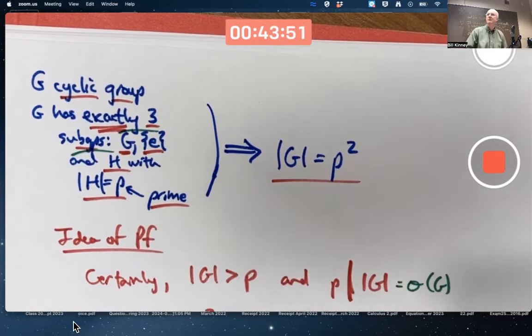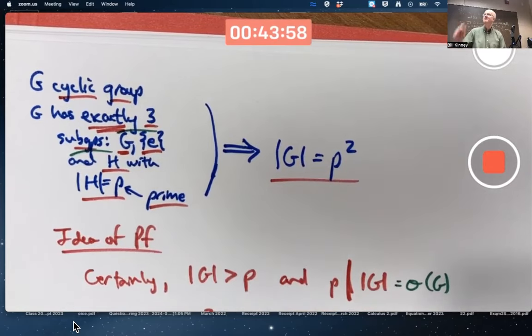Or if it had order P cubed, how many subgroups would it have? Or maybe I'd pick particular numbers. Maybe I'd say G has order 2 cubed times 3, 8 times 3, 24. How many subgroups does it have? How many subgroups does a cyclic group of order 24 have?